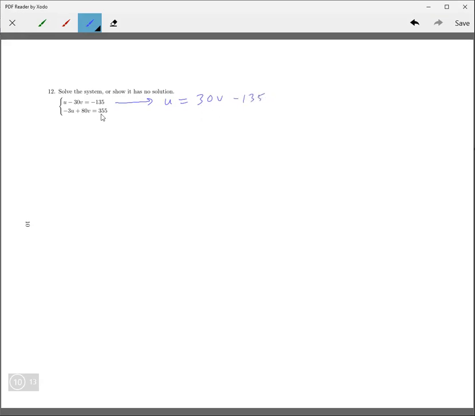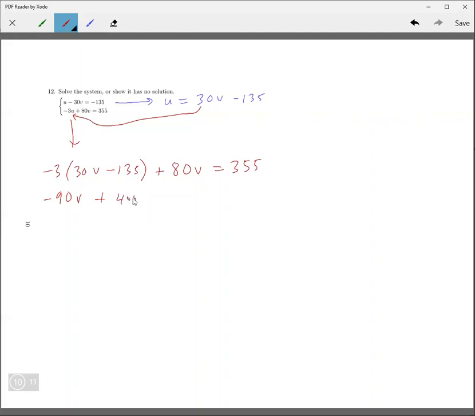So I got that, and then we'll plug that into here. Distributing the negative 3, you get negative 90v plus 405 plus 80v equals 355.